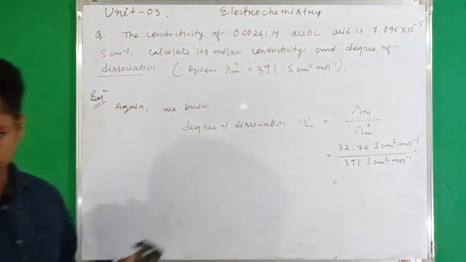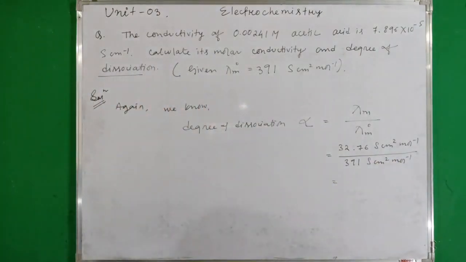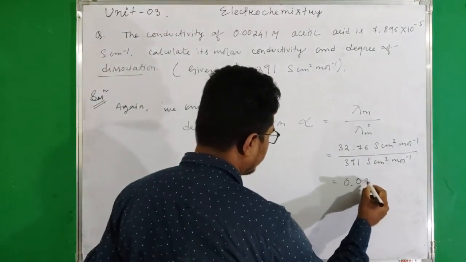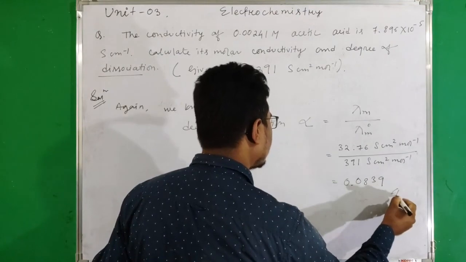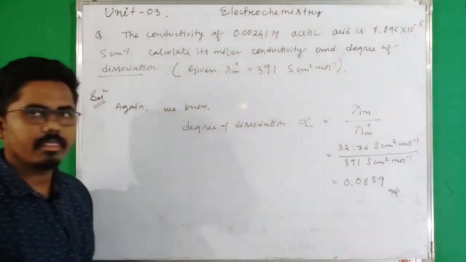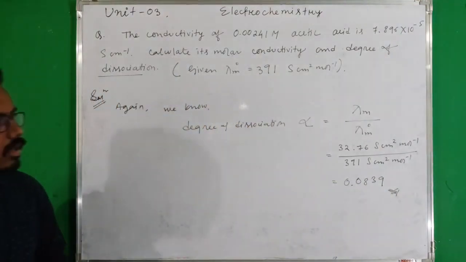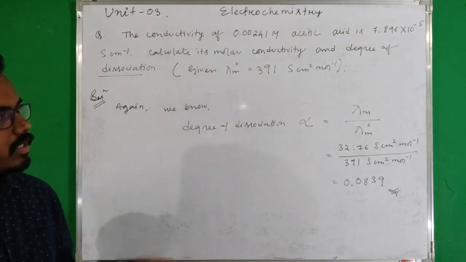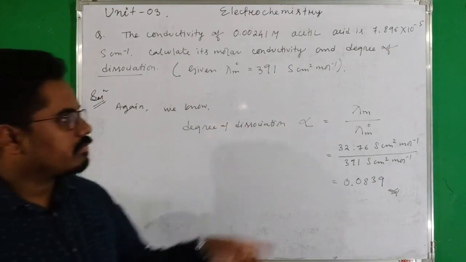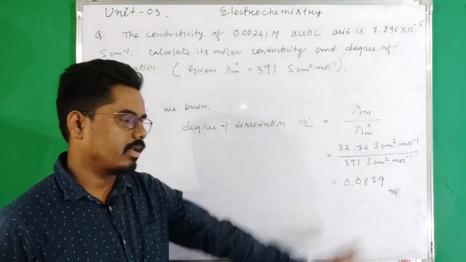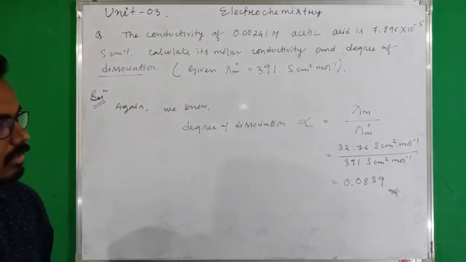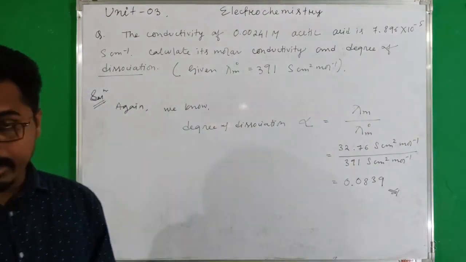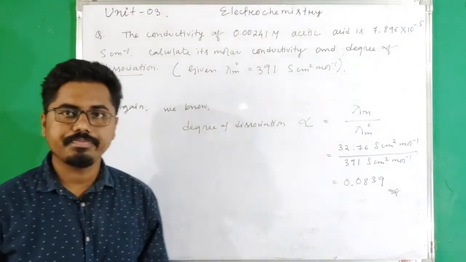After calculating, the result is 0.0839. So we have determined the degree of dissociation for acetic acid from the given values of Λm and Λm naught, that means the molar conductivity and the limiting molar conductivity.